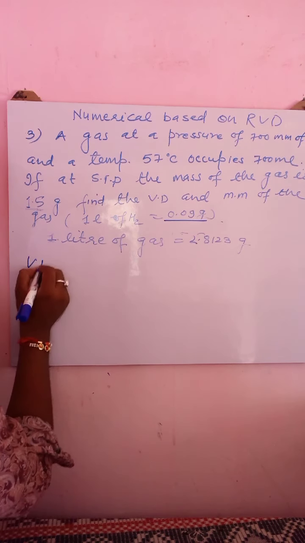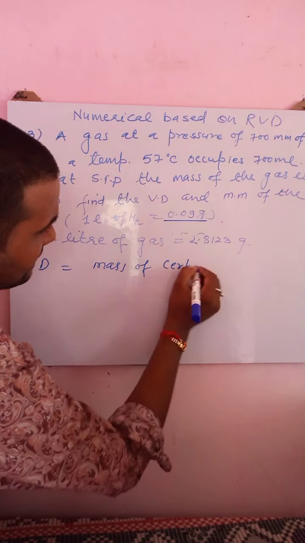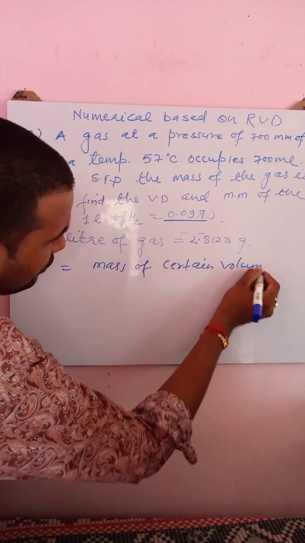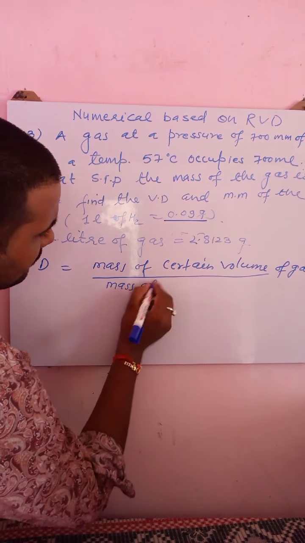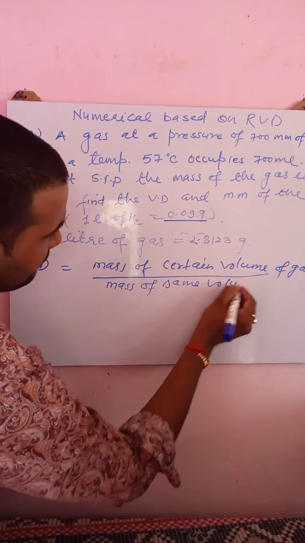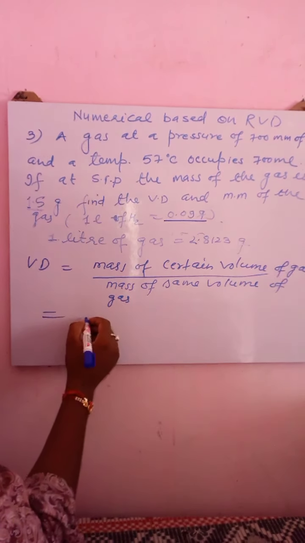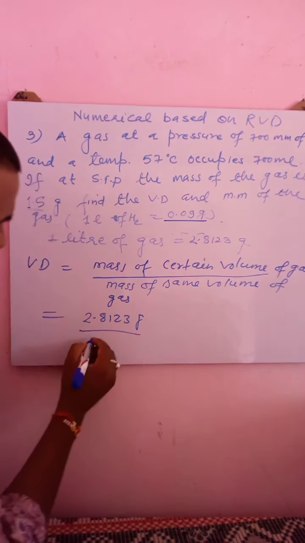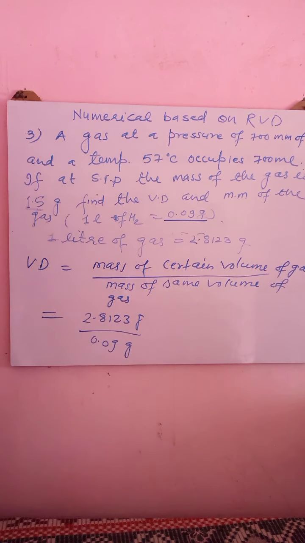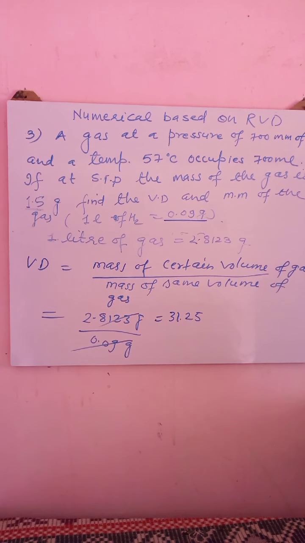So vapor density is equal to the mass of a certain volume of gas divided by the mass of the same volume of hydrogen gas. So 2.813 gram divided by 0.09 gram, and after division you will get 31.25. Vapor density we got.